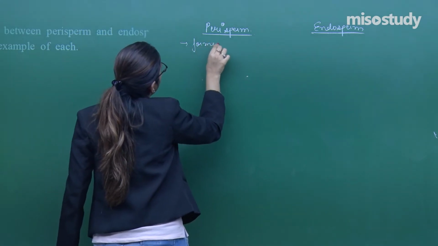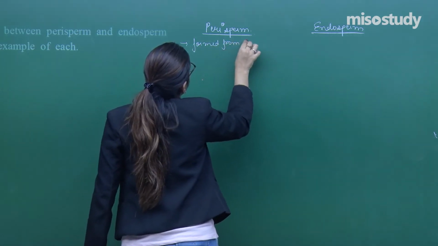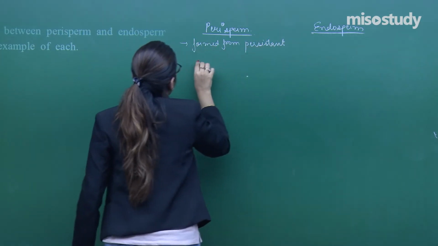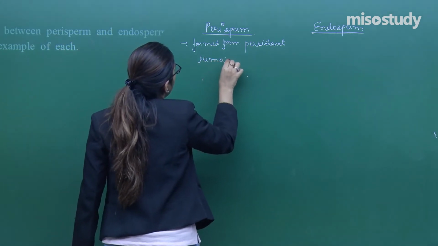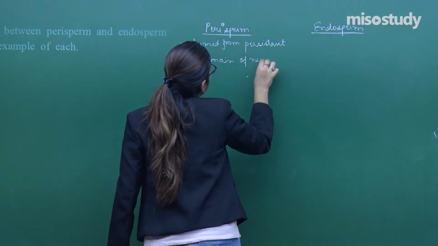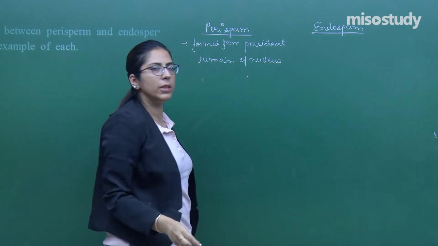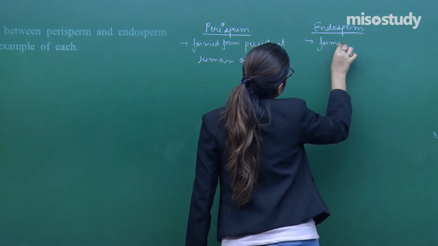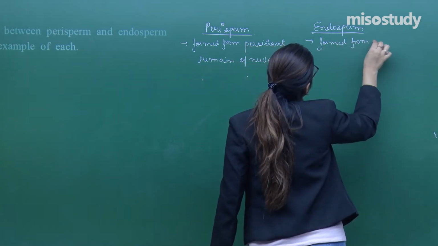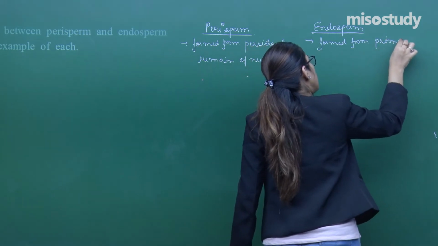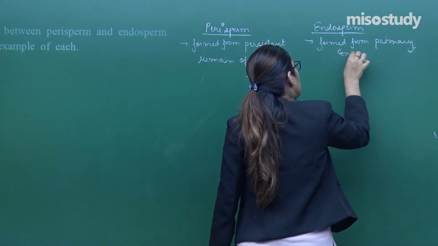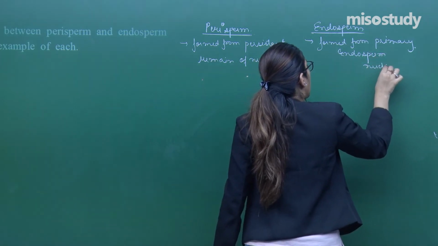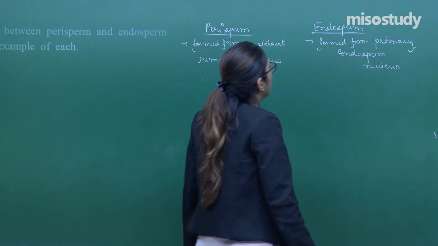They are formed from the persistent remains of the nucellus. Now, how are endosperms formed? These are formed from the primary endosperm nucleus.